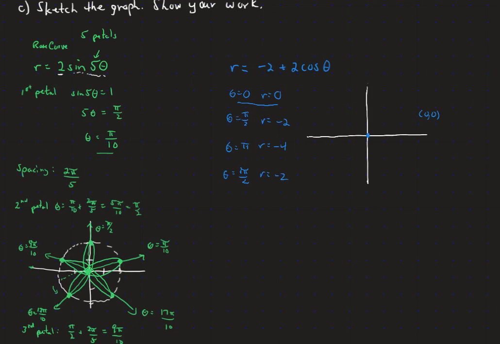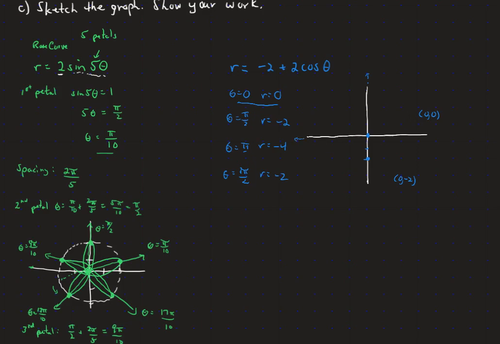Now at the angle pi over 2, we're going to go to a negative 2. So that's going to be down through the pole to this point right here, which we're going to call 0, negative 2. Okay, now we're going to go to pi, which is on this angle.